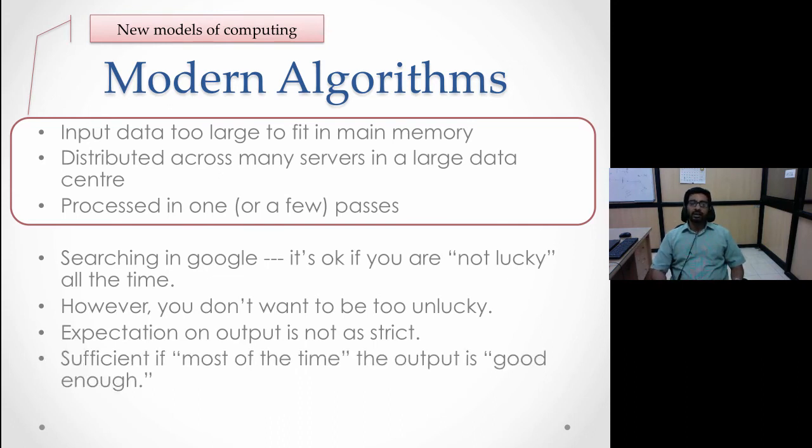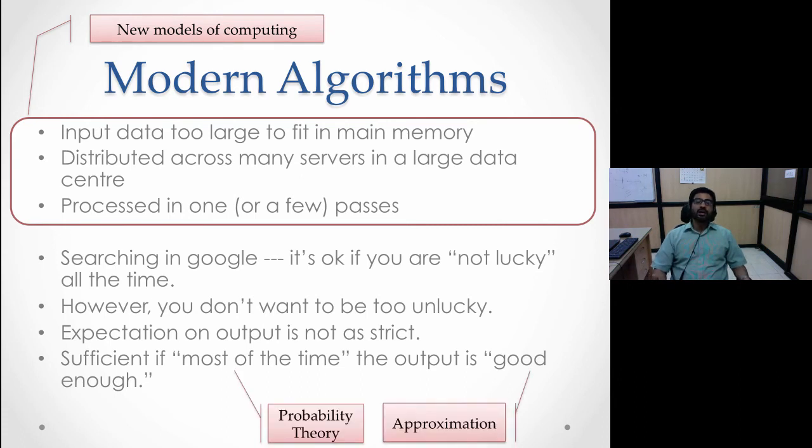A simple way to capture this is the phrase: it's sufficient if most of the time the output is good enough. So most of the time refers to a probability theory type of thing where you want it to be correct with some good probability, and you don't necessarily need the output to be correct in the absolute sense, but you just want it to be good enough, a good approximation.